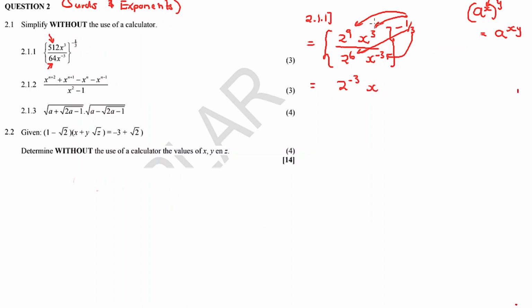The exponent 3 multiplied by -1/3 gives me -1, divided by 2 exponent 2. Then the 6 gives me -2 when multiplied by -1/3, and then the -3 times -1/3, I'm getting a +1.